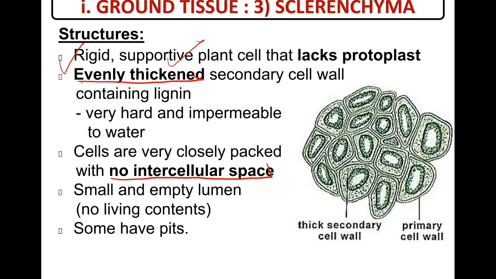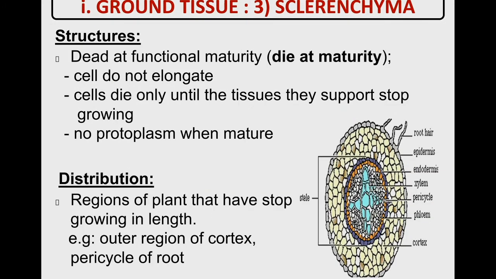And there is also a difference between sclerenchyma and collenchyma. Collenchyma and parenchyma are living cells, but sclerenchyma is a dead cell. They die at maturity.